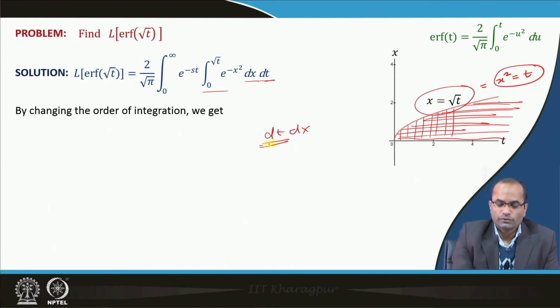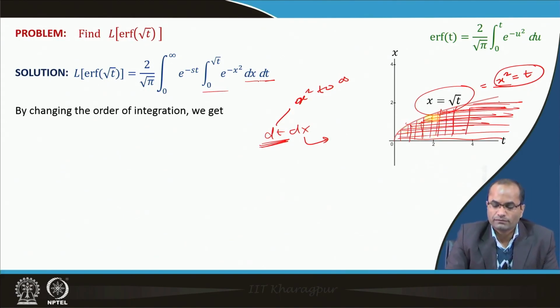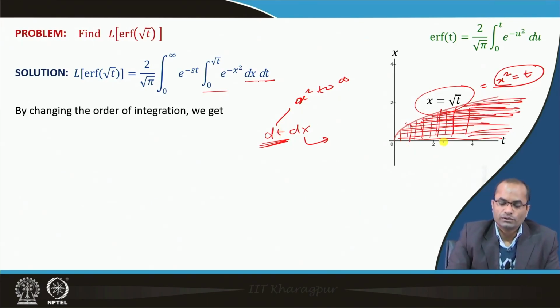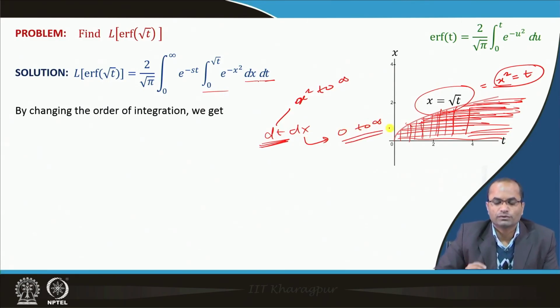That means for the limits of t we will go from x square to infinity, and then this x will go from 0 to infinity, because this part we have covered already, that t will move always from x square to infinity, and then the possible values where the x will change, that is 0 to infinity. So, that will be the outer part.